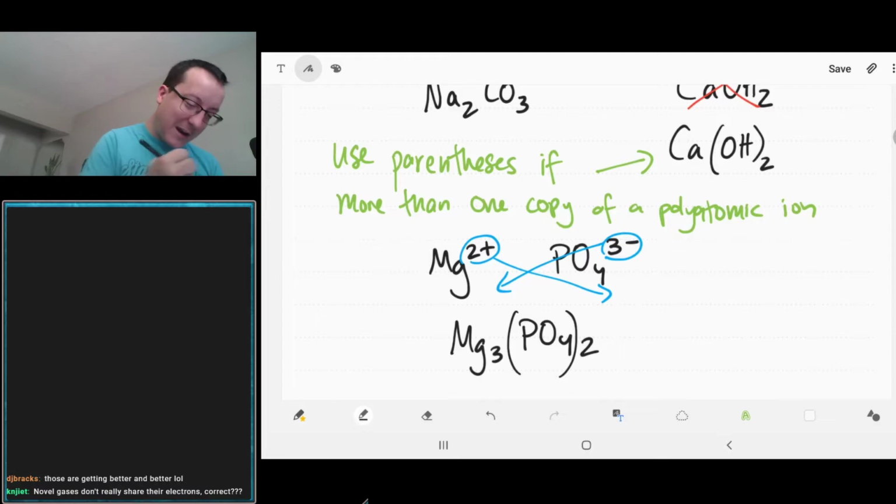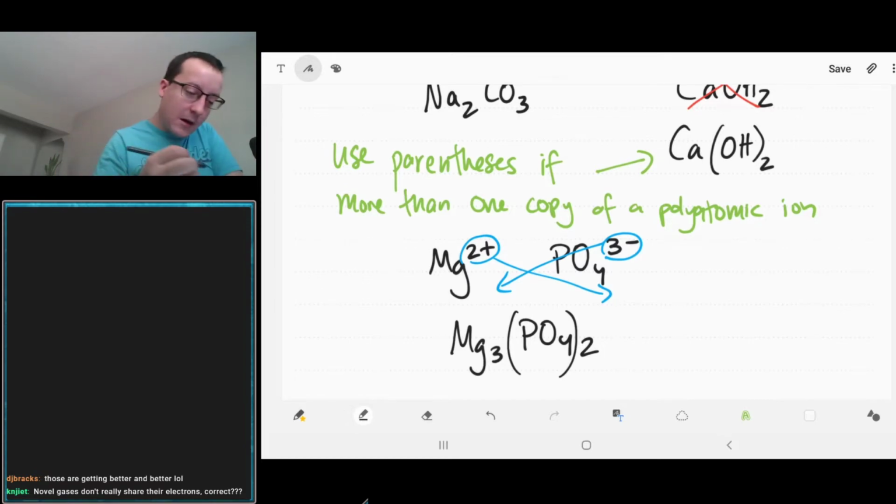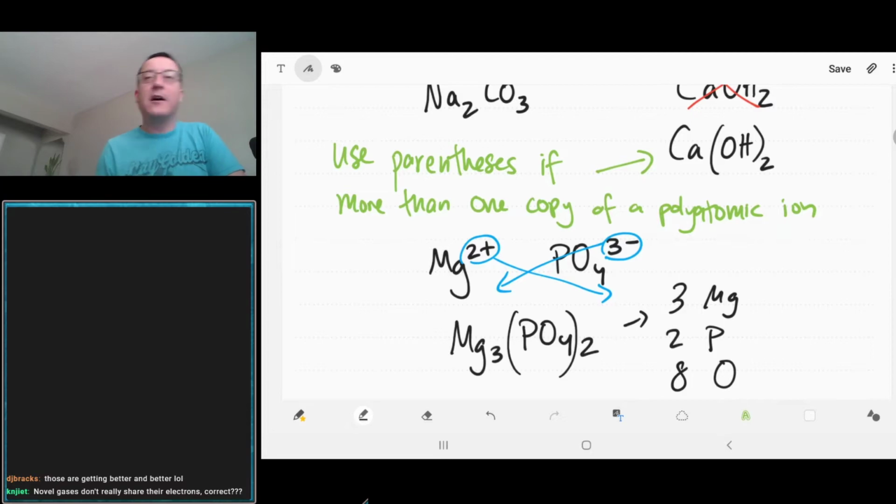So we're going to have to put in our parentheses to understand that there are 2 of that phosphate ion for 3 magnesiums. Okay, and just to make sure that we completely understand this chemical formula, this thing has 3 magnesiums, 2 phosphorus, and 8 oxygen.